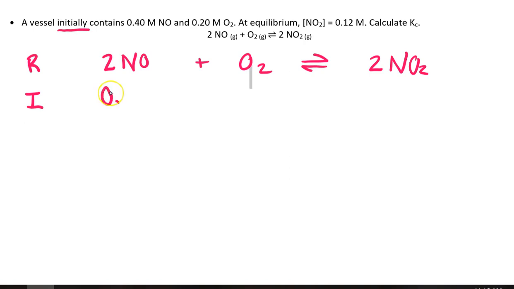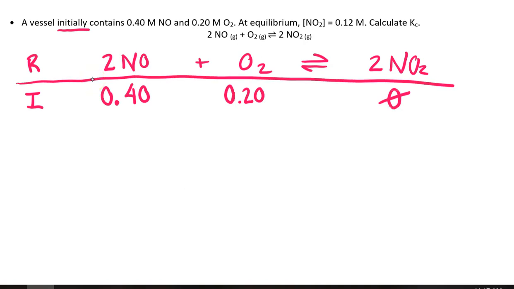So initially I have 0.40 molar NO, 0.20 molar O2. And remember, the initial concentration of your products is always going to be 0. Before the reaction occurs, we don't have any products.